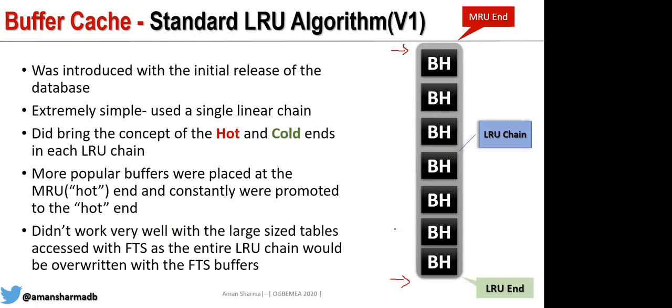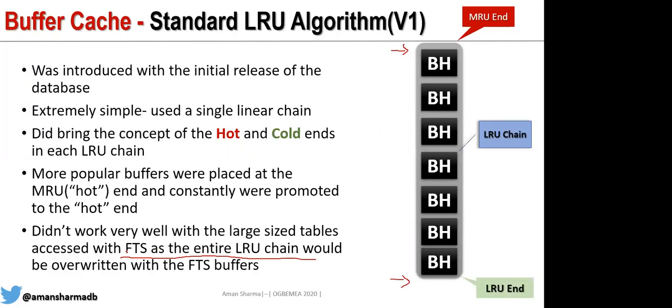But this particular LRU algorithm had some trouble, and that trouble was that this structure is going to have a problem when we are doing a lot of full table scans, because it's one single chain. If we have this entire chain available to us and we do a full table scan, we are going to be flooding this entire chain with the contents of that one big full table scan, which obviously means that other tables' contents are going to be flushed out.